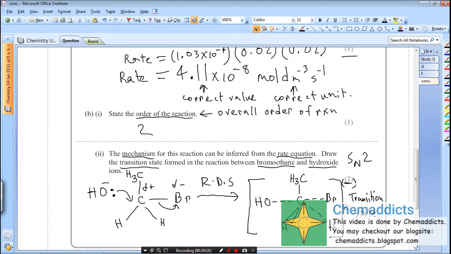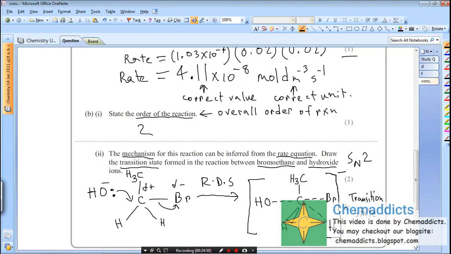Let me make this clearer so that you can understand. Here is the negative sign, and here you have the mechanism for this reaction.